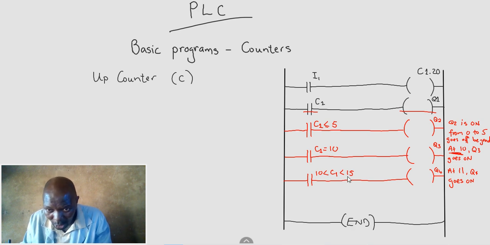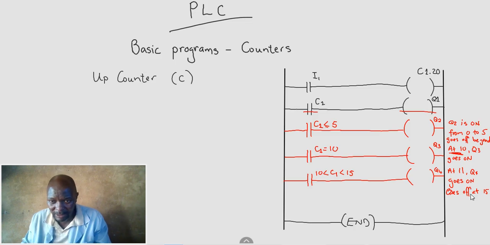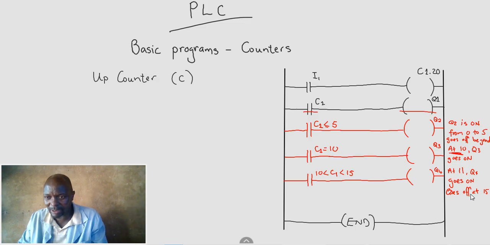It says below, so at 15 it goes off, because 15 is not below 15 itself. It has to be between 10 and 15 exclusively. It doesn't include the 10 and the 15. So at 15, that goes off.